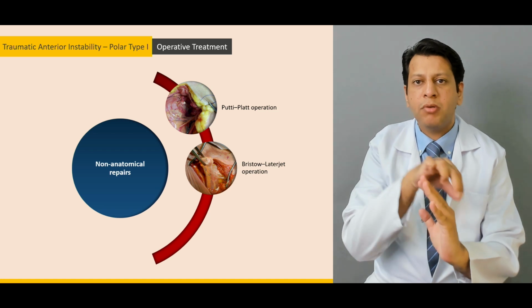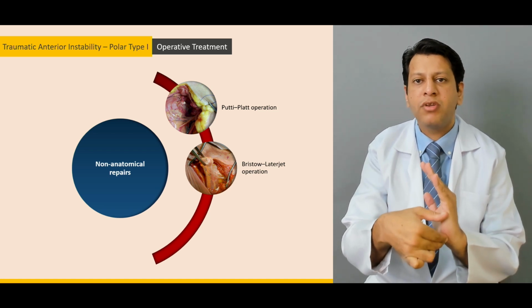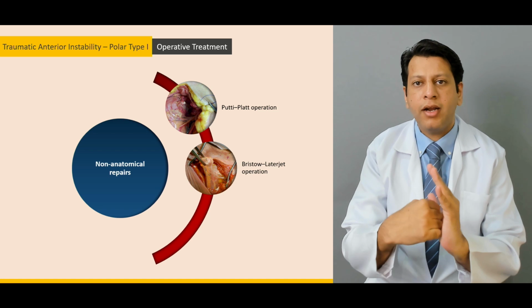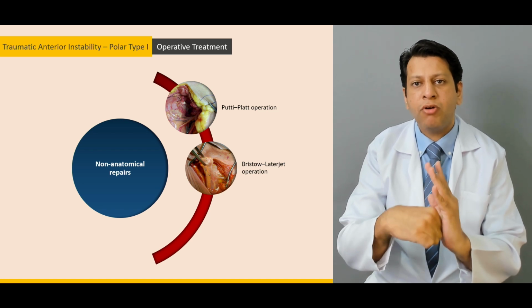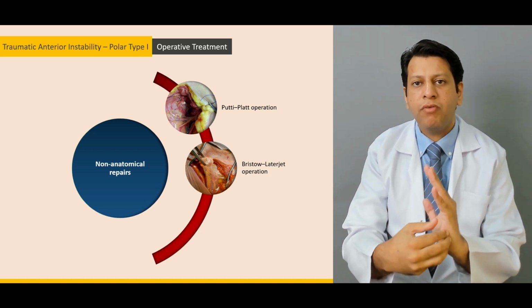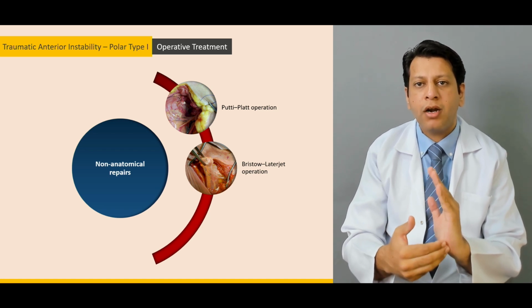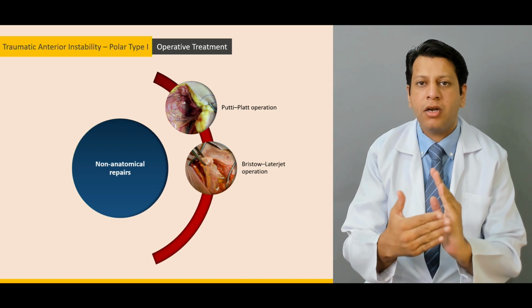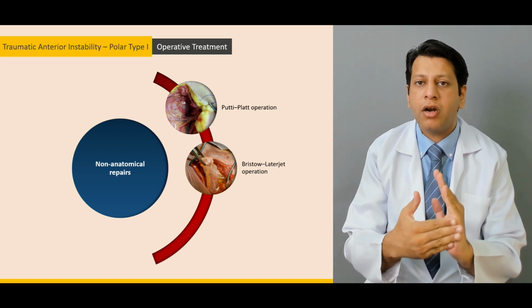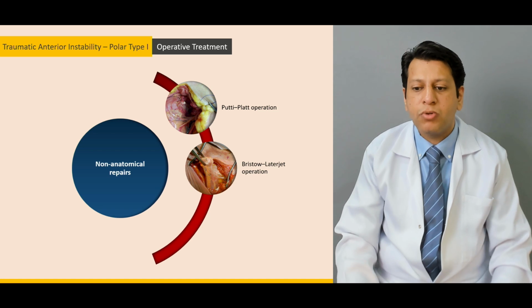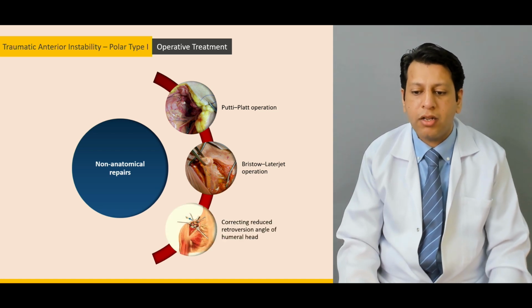The coracoid has been pushed back right over here. It gives a bony block, and then the head is relocated. It cannot come out because there is a bony block anterior inferiorly, which compensates for the bony Bankart lesion, which has resulted in the fracture of the anterior inferior articular cartilage. That is the mechanism of Bristow-Latarjet.